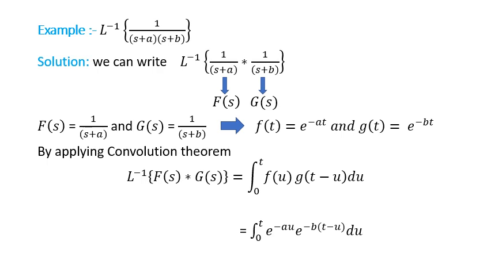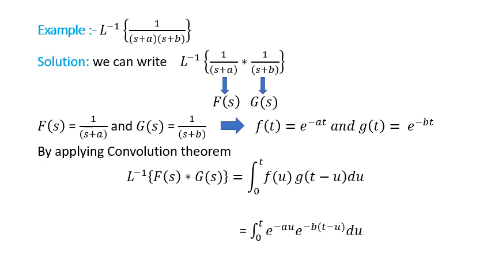Now since F(s) and G(s) are standard terms, we can apply the convolution theorem. The formula is L inverse of F(s) into G(s) equals the integral from 0 to t of f(u) g(t minus u) du. Now f(t) is e raised to minus at, so substituting, you will get e raised to minus au. You have to replace t with u there.